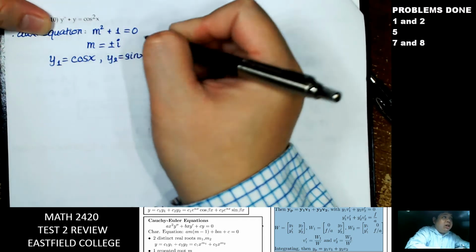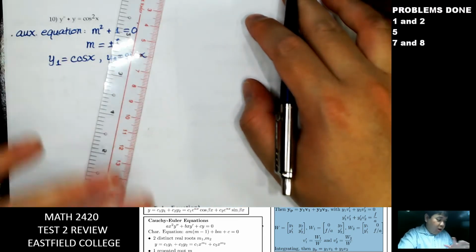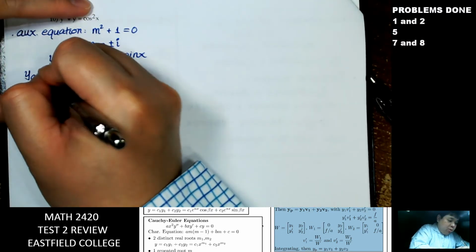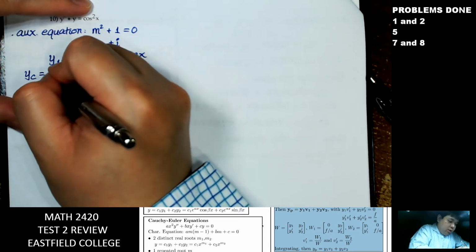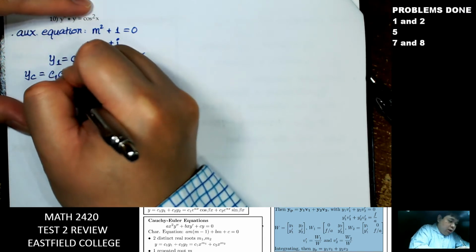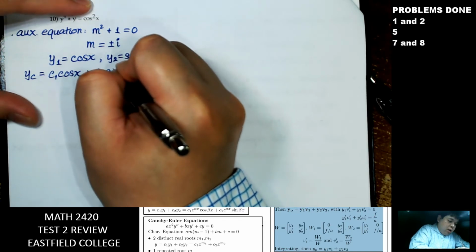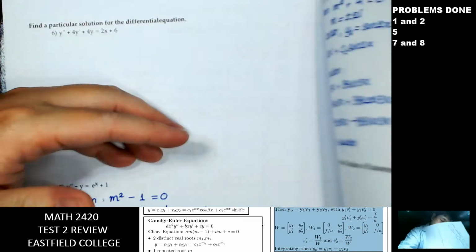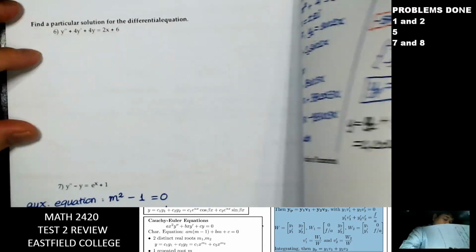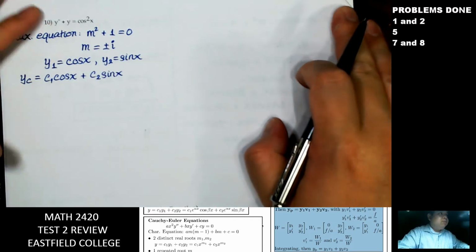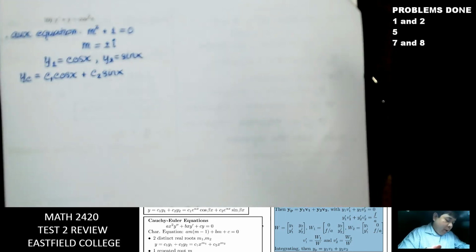This one definitely takes a lot of space, so I try to write very small. And the complementary solution is c1 cosine x plus c2 sine x. This question wants us to solve the equation, so we have to write the general solution. That's what we start with.